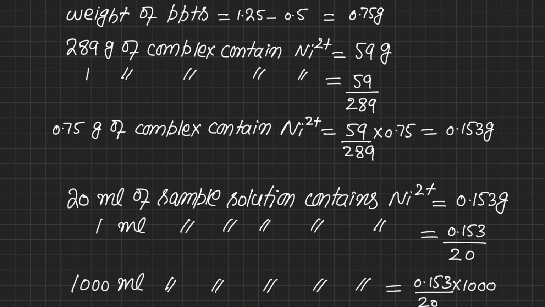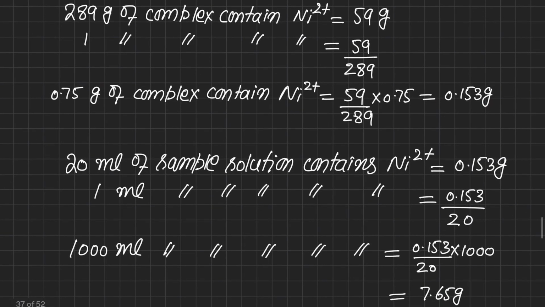So 1 gram of complex will contain nickel 59 divided by 289. And how much complex have we obtained? We have obtained 0.75 gram. So 0.75 gram of complex contains nickel 59 divided by 289 multiplied by 0.75, which is 0.153 gram of nickel.